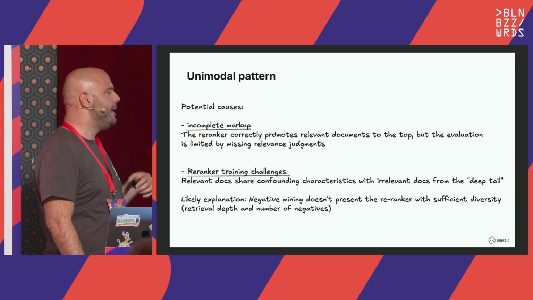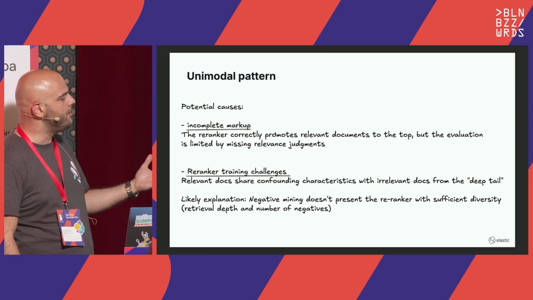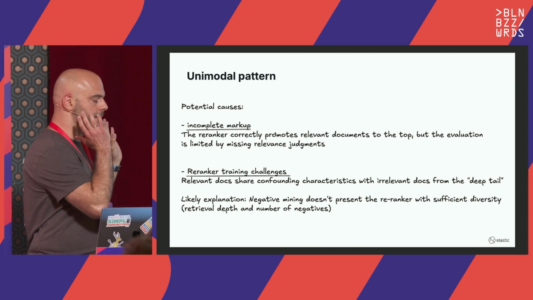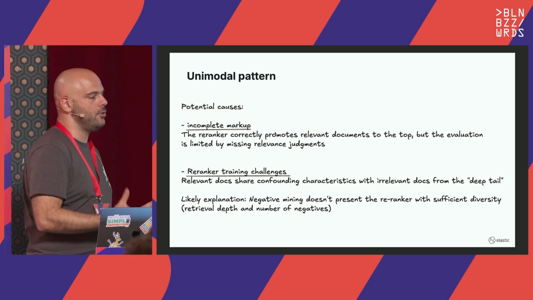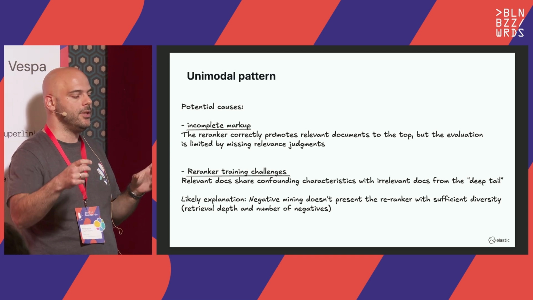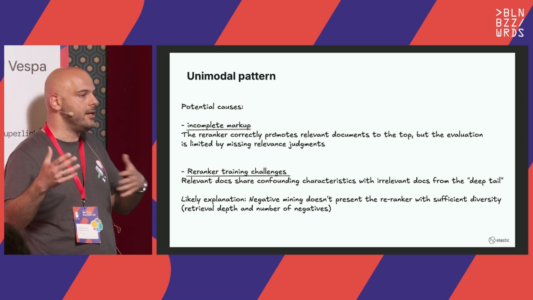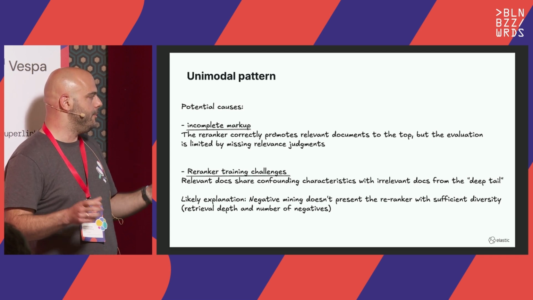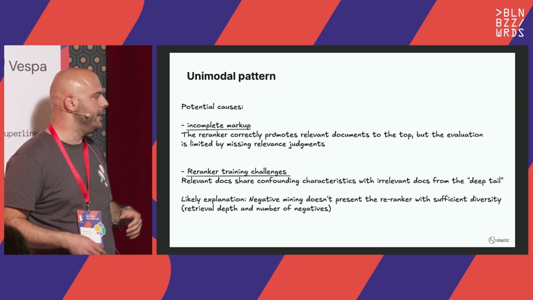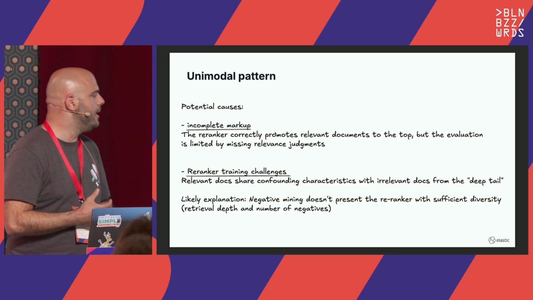And our explanation for that is that it has to do with the negative mining process of these models. As I said, here we consider cross-encoder models, which take as their input both the query and the document and produce a score, as opposed to bi-encoders, where queries and documents are processed independently and then combined, and we get a score based on the representations.